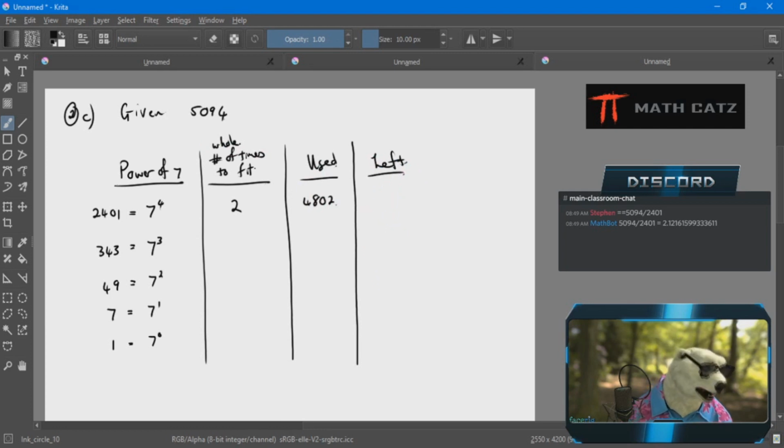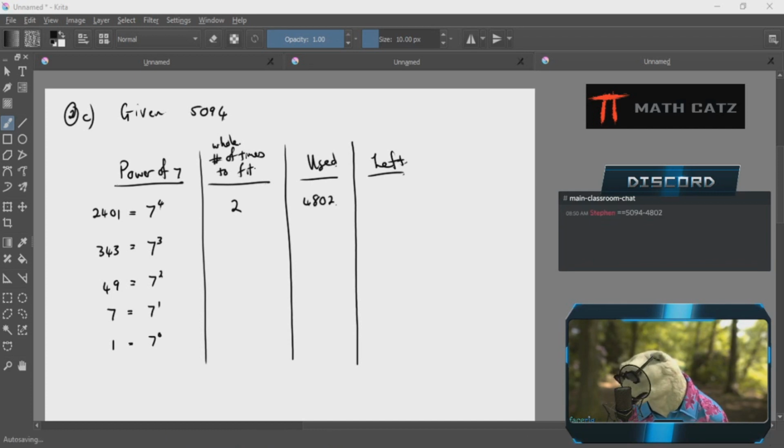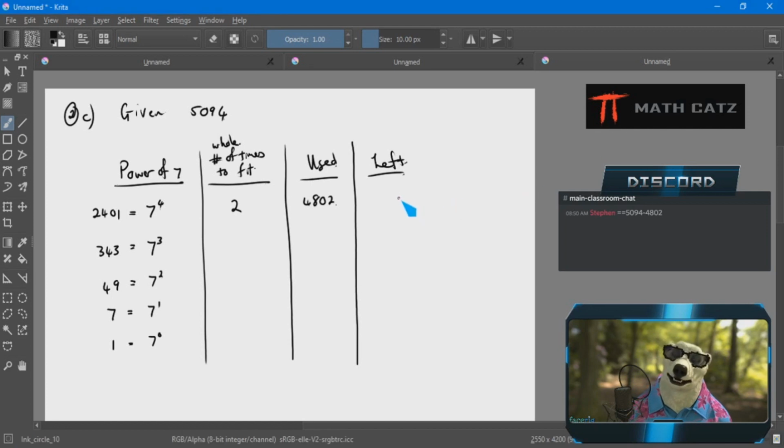Maybe I want to use the calculator and make sure. Maybe I want to try it in my head first and then double check with the calculator, whatever works for you to get the answer safely. So 5094, take away 4802. 292. Okay, so that's what's left.